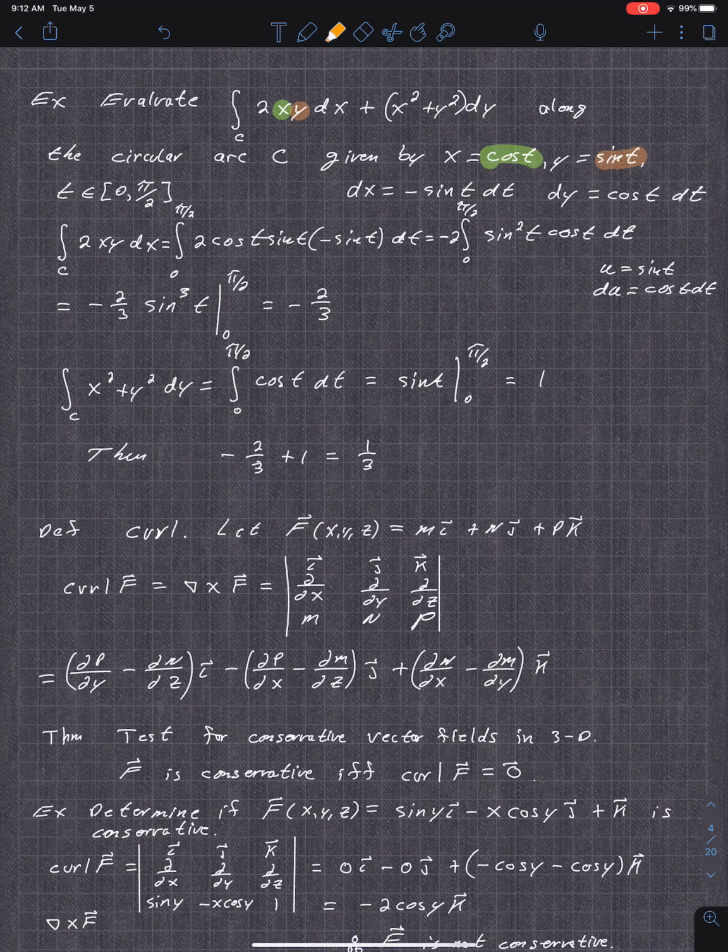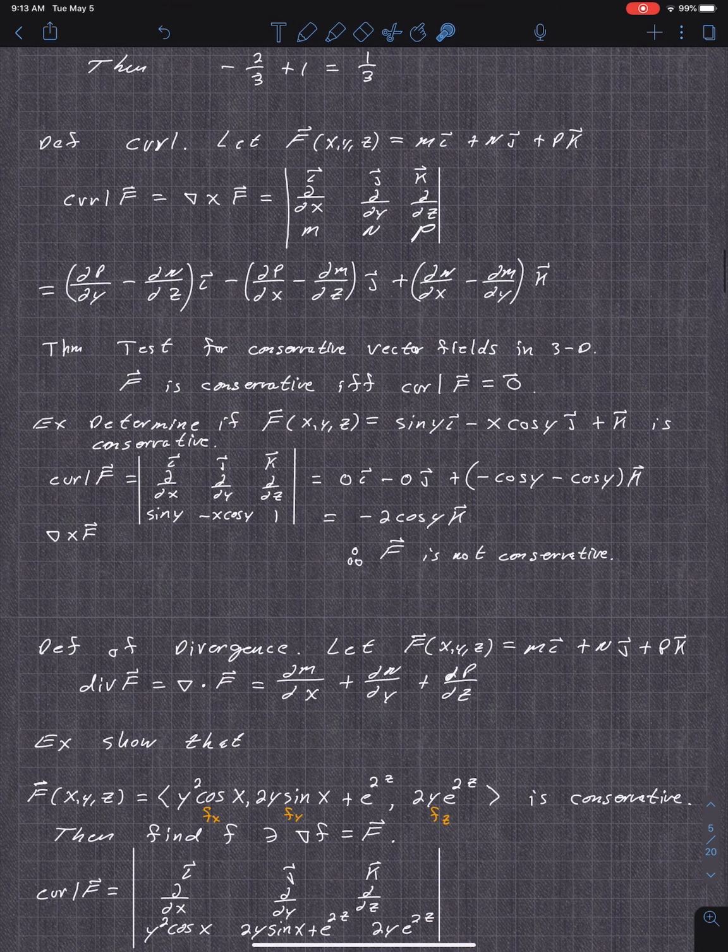When you substitute in for x squared plus y squared, that's the Pythagorean theorem. You just get 1. Then you have to do your dy, and your dy is cosine t dt. Then you integrate. Here's your sine, and you get 1. So you add this plus this, and that gives you 1/3.